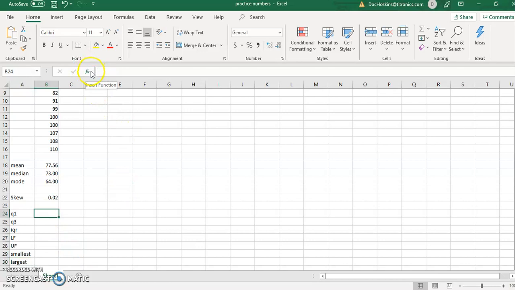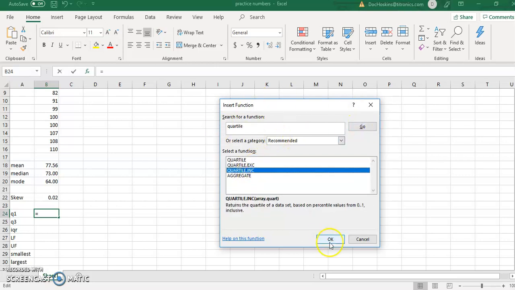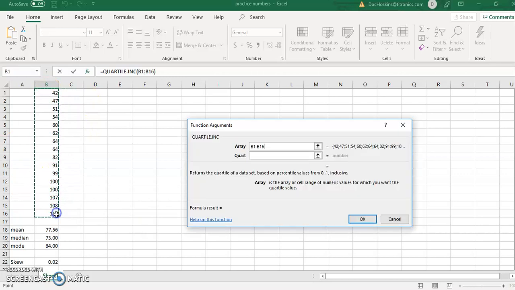We'll go to FX and look for quartiles. We'll select inclusive, and we'll highlight the data. We want quartile 1, so we'll type in 1 there.